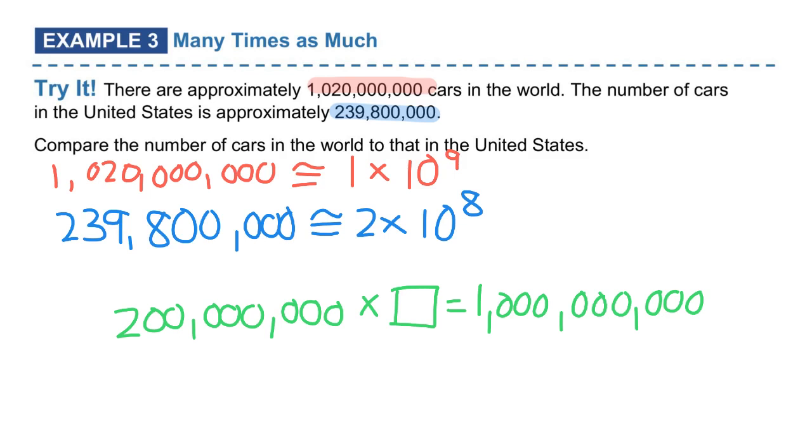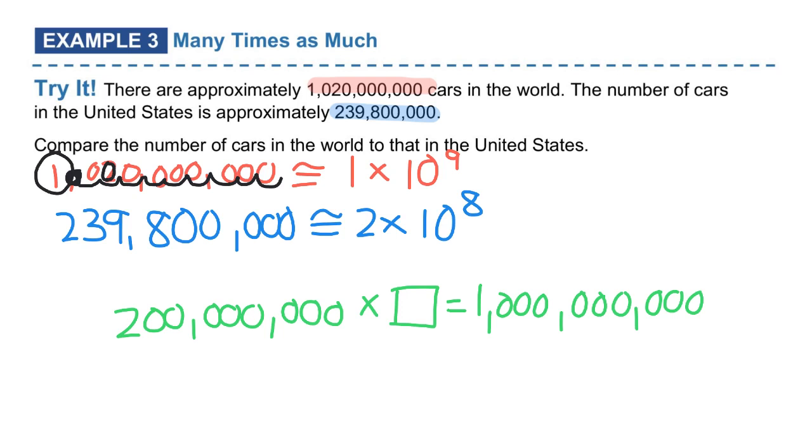Okay, so I rounded all the cars in the world to the largest place value. Everything else became zeros. I counted them up. 1, 2, 3, 4, 5, 6, 7, 8, 9. Plopped my decimal right after the 1. 9 was my exponent.